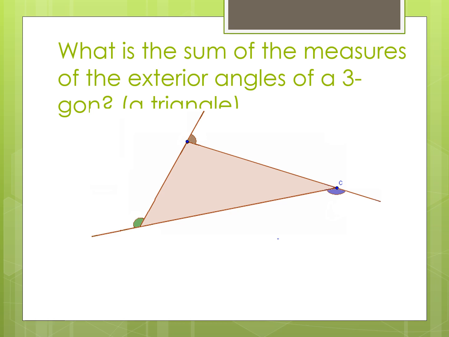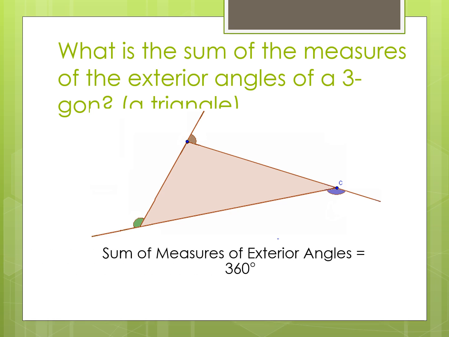This is the interior; its exterior now is this one, then the other one is this one. So we have three angles formed. Take note that the sum of the measures of the exterior angles is equal to 360 degrees.